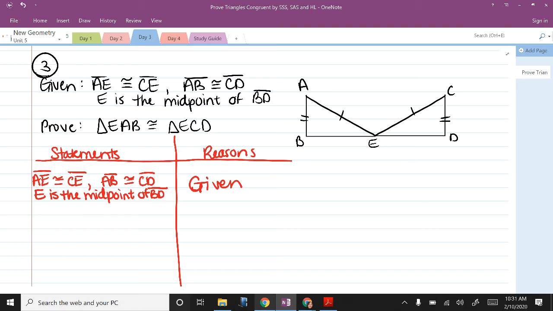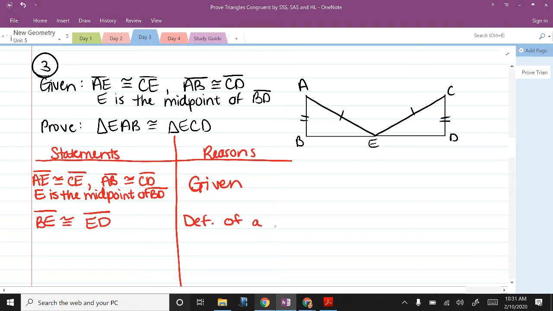All right, so that's my next statement. Segment BE is congruent to segment ED. By what reason? Very good. That's the definition of a midpoint.